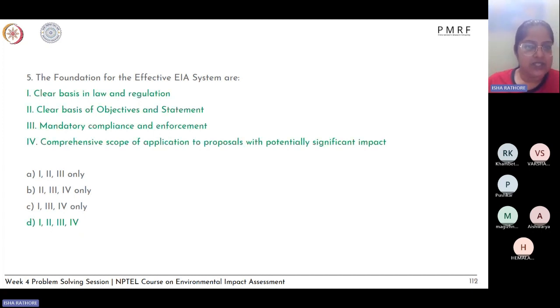An effective EIA system is clearly written in legal language and regulation basis. It is clear in terms of the objectives and statements which are stated. It mentions the mandatory compliance and enforcement procedure. And there is a comprehensive scope of applications to proposals with potentially significant impact. So all of these are the foundations of an effective EIA system.